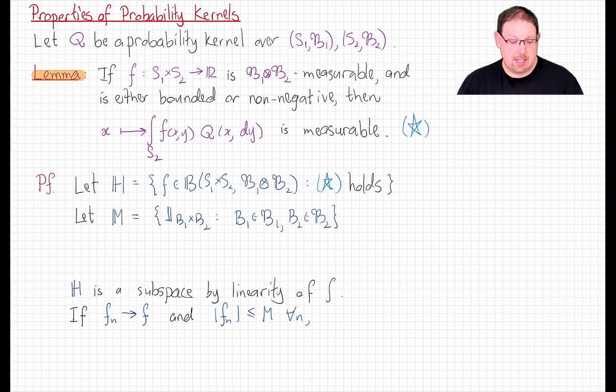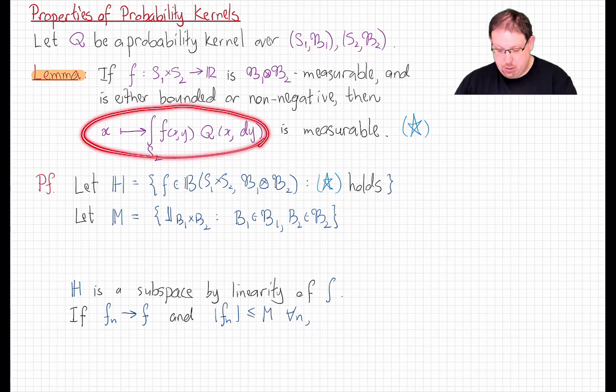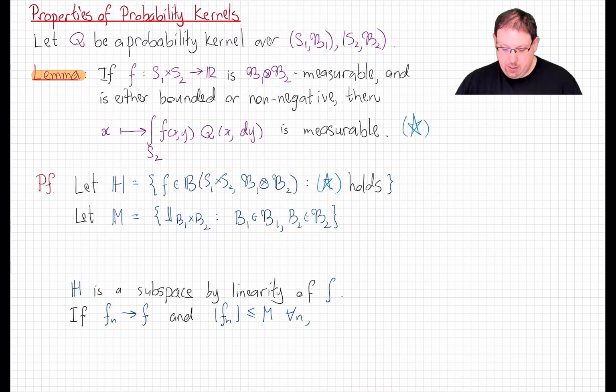The proof of this is a canonical application of the Dynkin multiplicative systems theorem, at least for the bounded case. Let's let H denote the collection of all bounded measurable functions for which this is a measurable function of x. We'd like to show that that is indeed all bounded measurable functions.